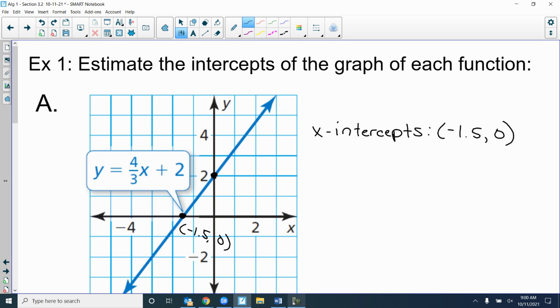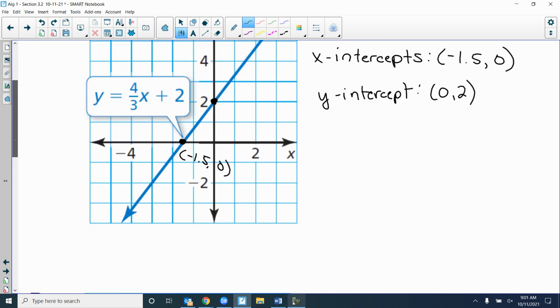But how many are there? There's only 1. Good. Now how would you name it? When you name it, what are the coordinates of that point? There you go. 0, 2. So for that one, you have 1 x-intercept, 1 y-intercept. We want to label those that way.